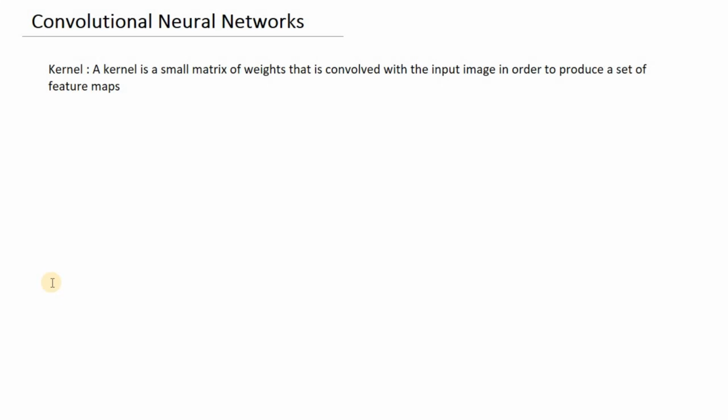Now, this entire definition may seem a bit difficult to comprehend as of now because it contains terms like, first of all, what is the small matrix, what does convolved mean, and what exactly is the input image. Even though we just discussed the input image as something which will have a height, width and channel, and what are these feature maps exactly doing, we will walk through a very simple numerical example to understand the gist of all these terminologies.